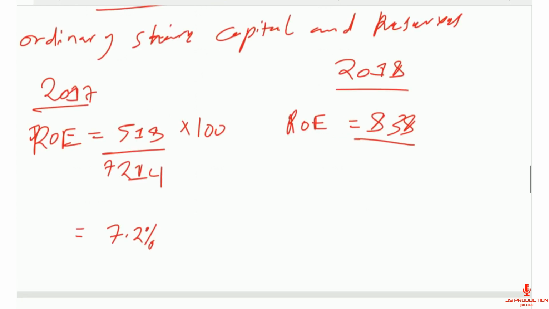So 838 divided by 7852, multiplied by 100. The answer there is going to be 10.7%.